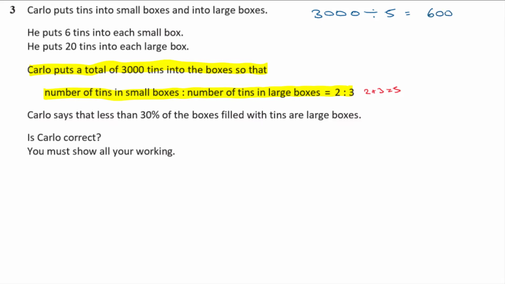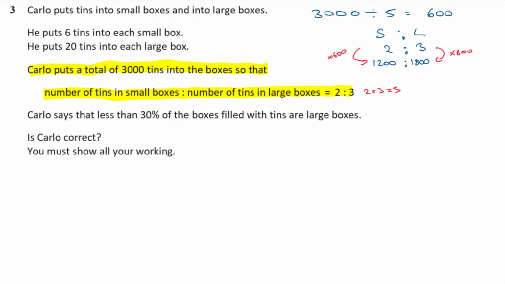Then the small box to large box is in the ratio of 2 to 3. So if I scale it up by a factor of 600, because each share is worth 600, that tells me that there are 1,200 tins in small boxes, and the rest, 1,800 tins, in large boxes.